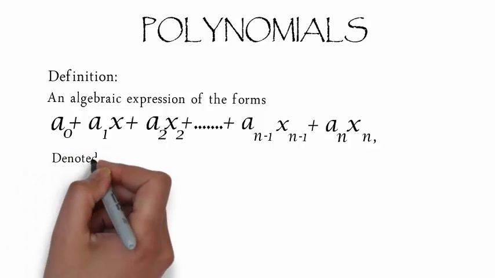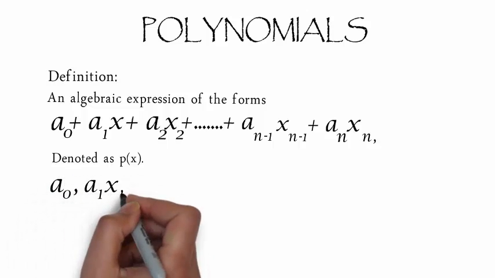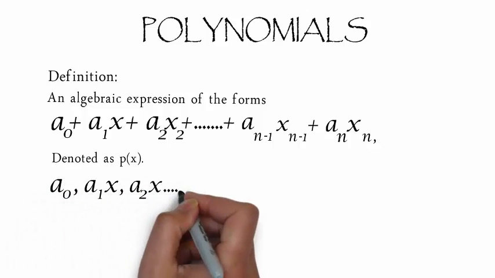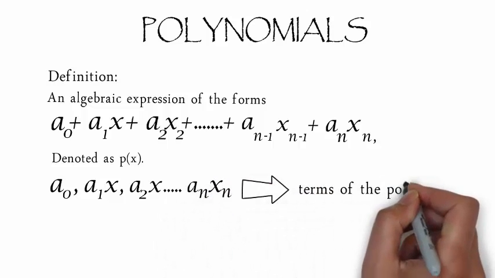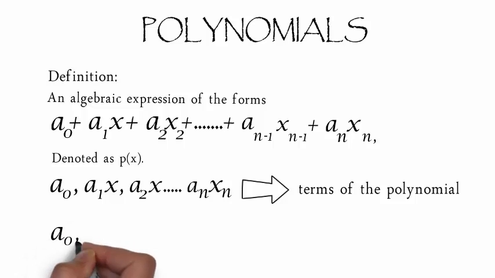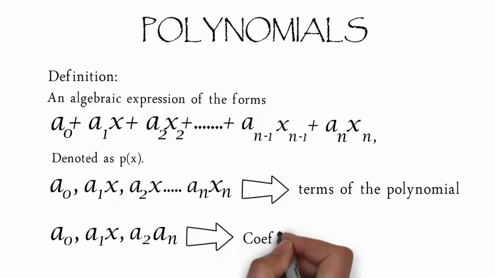It is denoted as p of x. a0, a1x, a2x² till anxⁿ are the terms of the polynomial. a0, a1, a2 till an are the coefficients of the power of x.